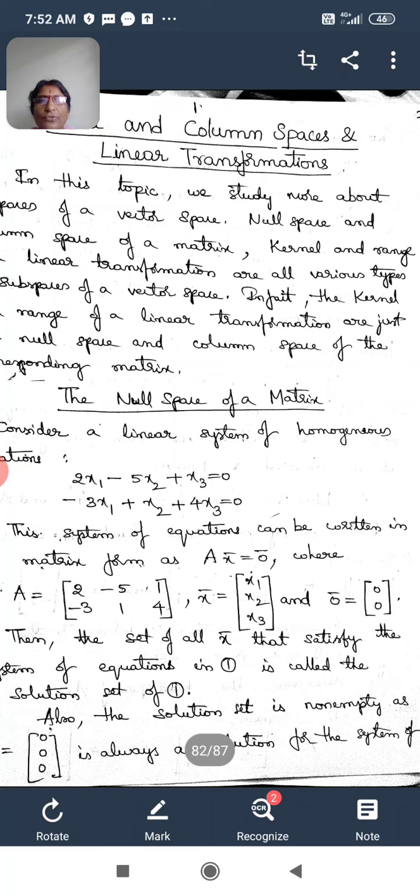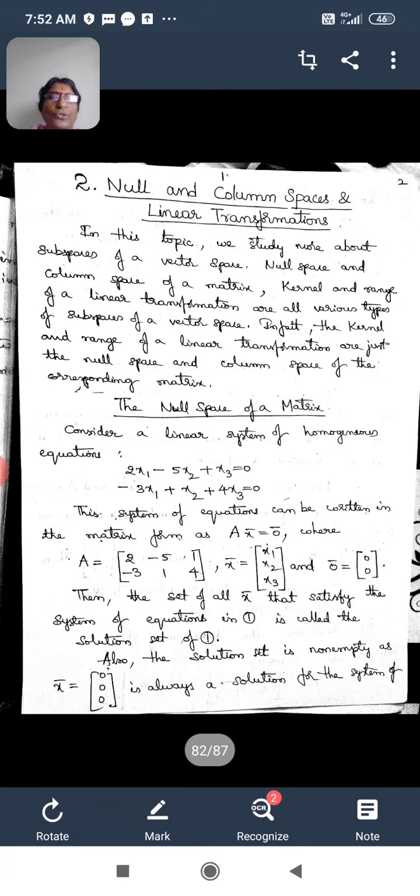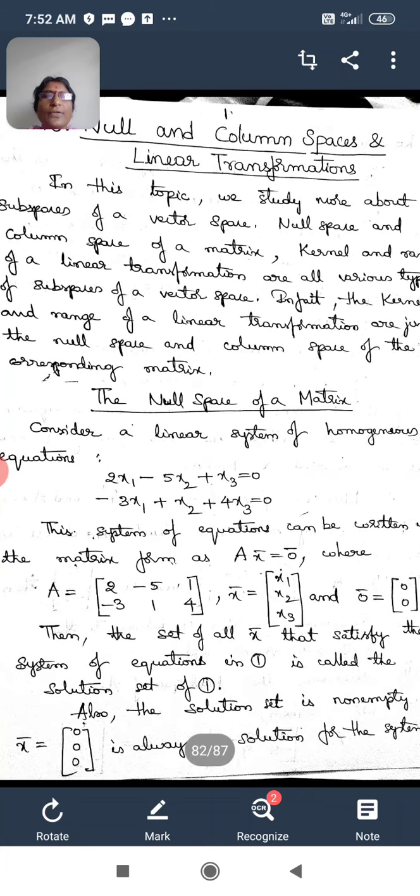Now the set of all x bar that satisfy the system of equations in 1 is called the solution set of equation 1.